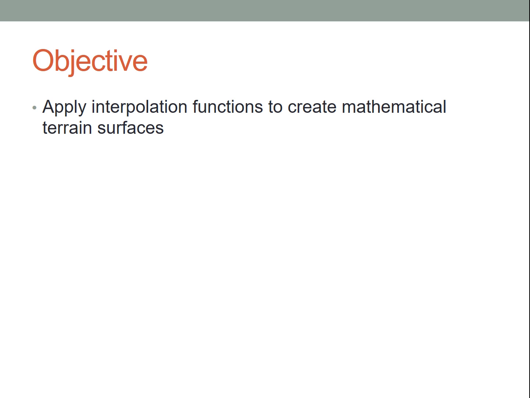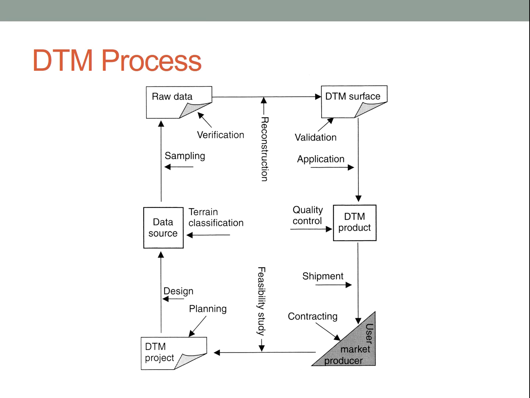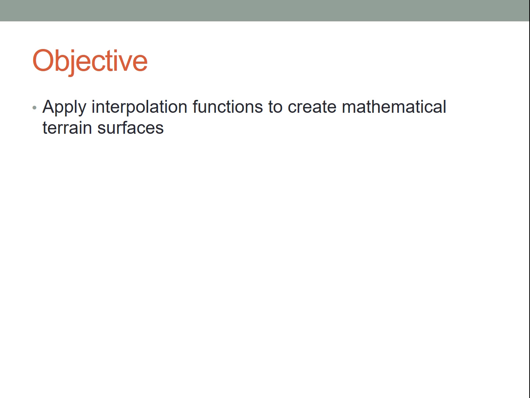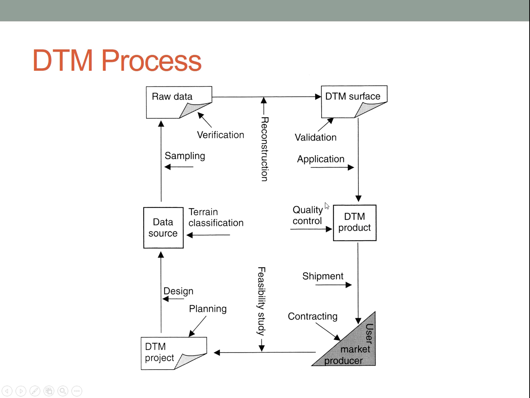So we're going to apply interpolation functions to create mathematical terrain surfaces. And we're going back to this DTM process that we talked about in the first lecture, or last week. We are looking at this reconstruction component. So we're going to create this DTM. We have the raw data. It's already been sampled.